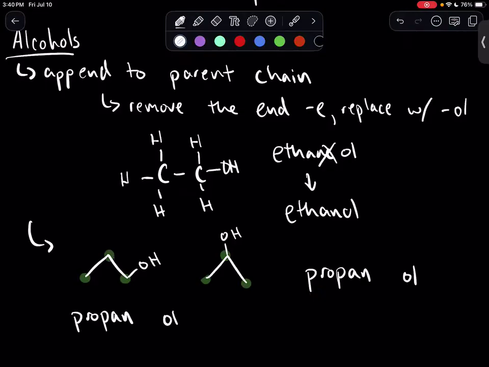But I've left some space because we have to number our carbons. 1, 2, 3, 1, 2, 3. You'll notice that with the first one, I can actually change the way I number it to 1, 2, 3, and it ends up being smaller. So this first one's going to be propan-1-ol. The second one's going to be propan-2-ol. And so this is how we refer to alcohols.